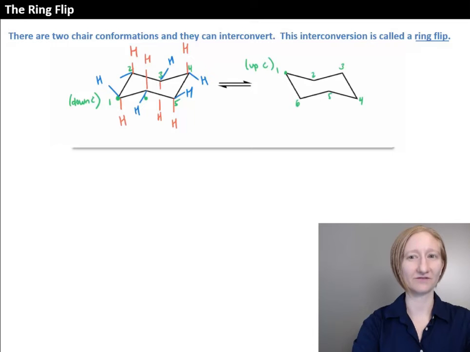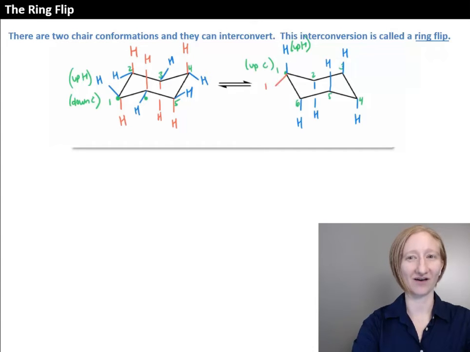And now when the ring flips from the left conformation to the right conformation, the axial hydrogens that were red become equatorial, and the equatorial hydrogens that were blue become axial. But the up hydrogens stay up and the down hydrogens stay down, and that's super important.